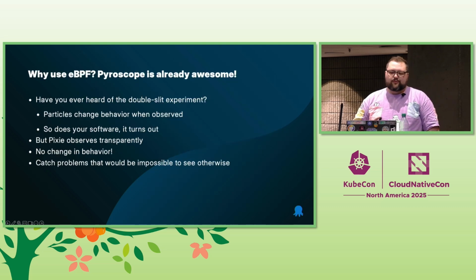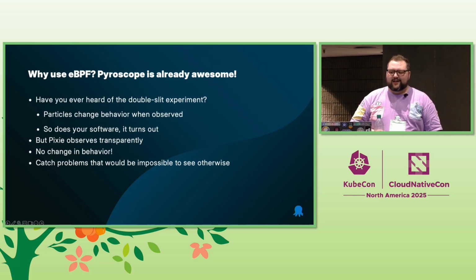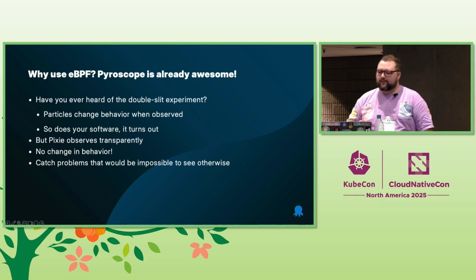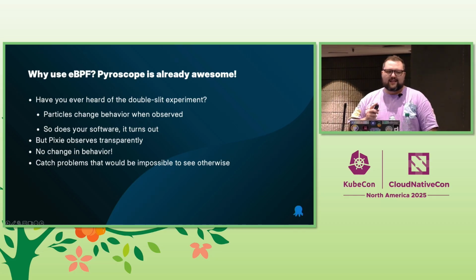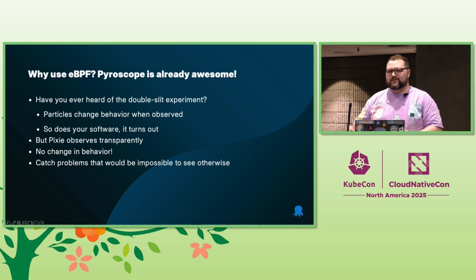And the reason we used eBPF is because it's not always perfect to instrument with Pyroscope. I'm not a physicist, but there is a really cool quantum physics experiment called the double slit experiment. I won't go too deeply into it, and if anybody here is a physicist, please don't beat me up. But in the end, the result of the experiment is that light behaves differently if you observe it.